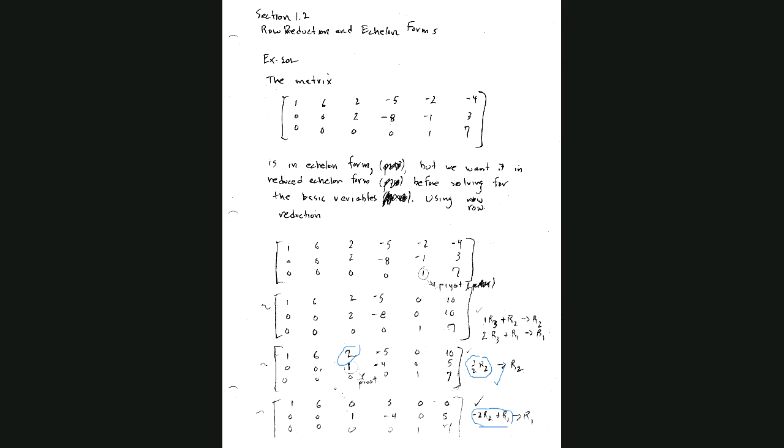Matthew says, condition 4, the leading entry in each non-zero row is 1. That's right, that's true for it to be in reduced echelon form. And now, is it in reduced echelon form?